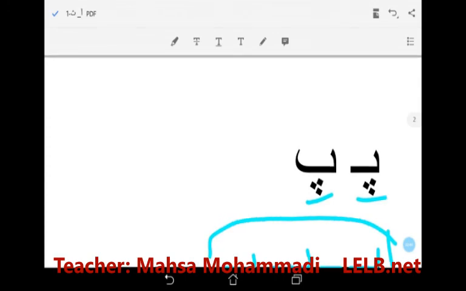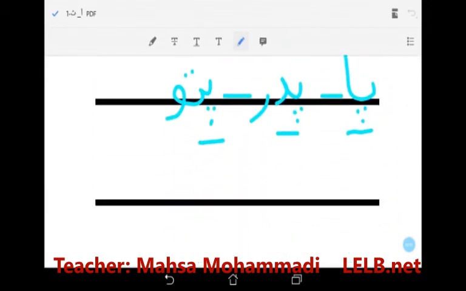The second form of P, the ending P, looks like this, and you would write it like this. You can put the dots like this, or like this. So, some words containing this are the words top.